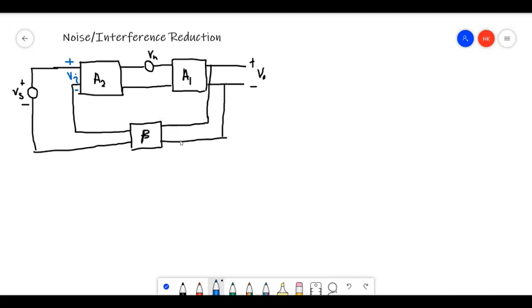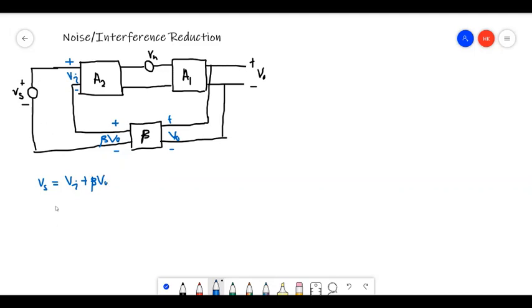So we have taken V out here, and the voltage fed back here is beta times V out, using this polarity. If we write Kirchhoff's voltage law for this loop, we can write that Vs is equal to Vi plus beta times V out, right?